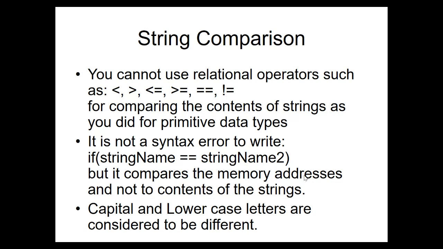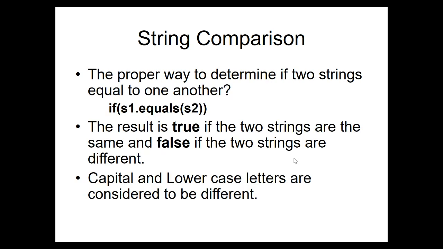The next thing we want to mention is that capital or uppercase letters are considered to be different from lowercase letters. That's to say that comparisons are case sensitive. So if you say if s1.equals(s2), this is the way you would do it to determine if two strings are equal to one another.